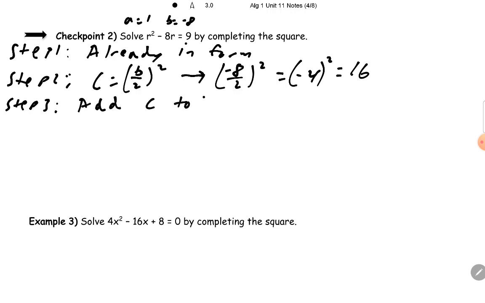Step 3, add c to both sides. So I have r squared minus 8r plus 16, that's my c value, equals 9 plus 16.